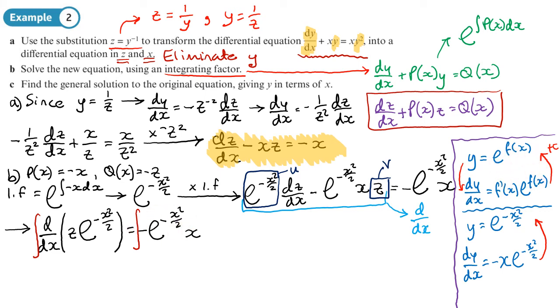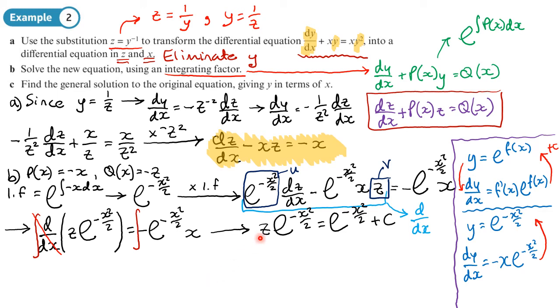So if we now go back to this, the left hand side, the integration sign and the d dx will cancel out. That will just leave us with z e to the minus x squared over 2 equals, and then we know that this integrated is going to give us e to the minus x squared over 2 plus c.